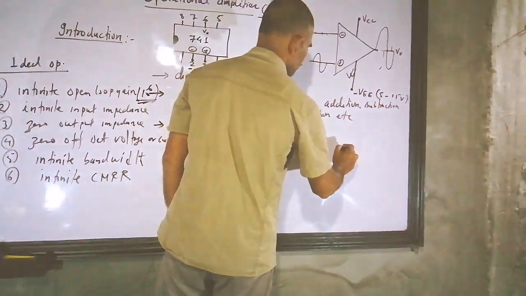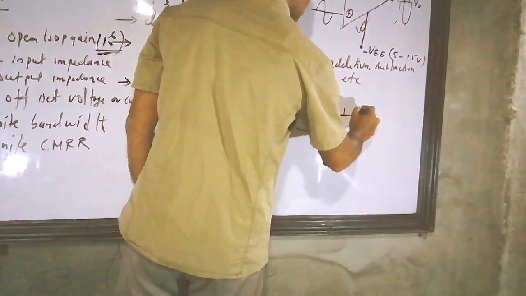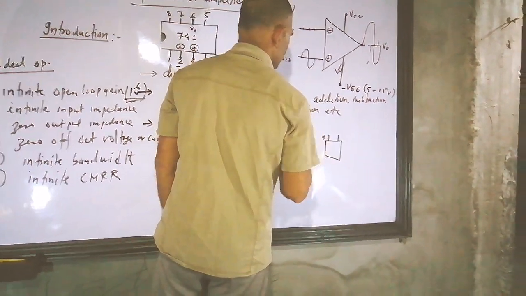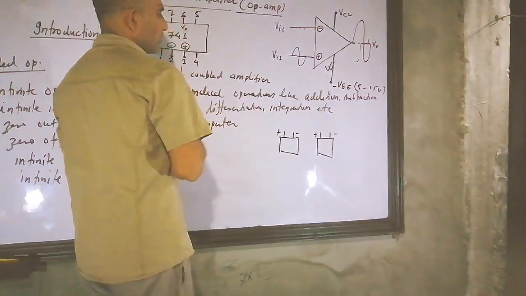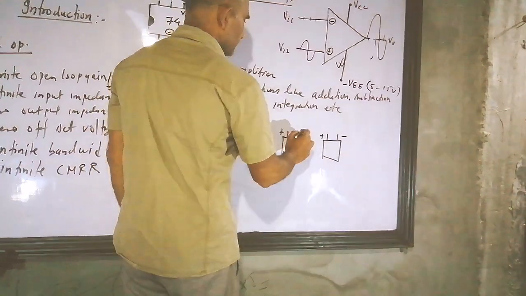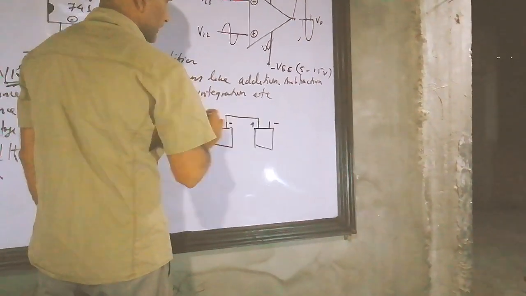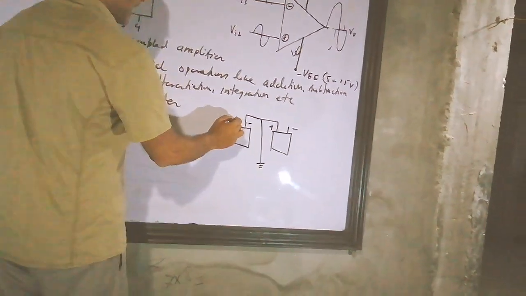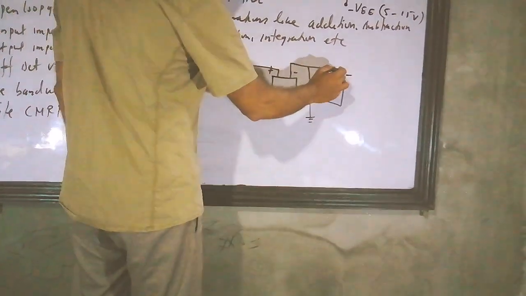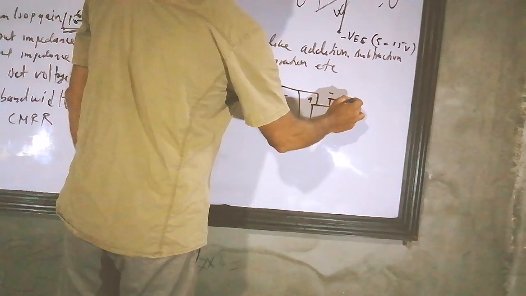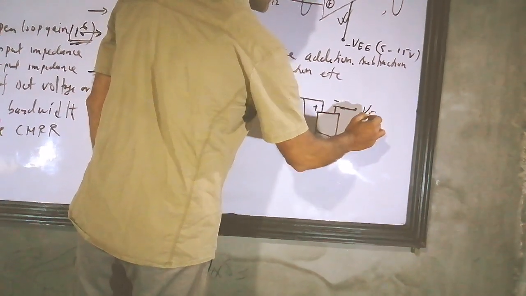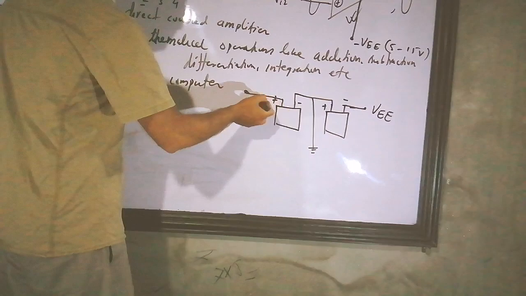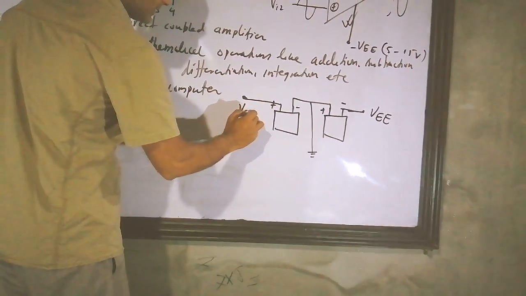Again take another 9 volt battery, with one plus and one minus. Now we connect the plus of one and the minus of the other together, and this is taken as the ground. One terminal is left, and the other minus is left. So the minus is connected to VEE and the plus is connected to VCC.